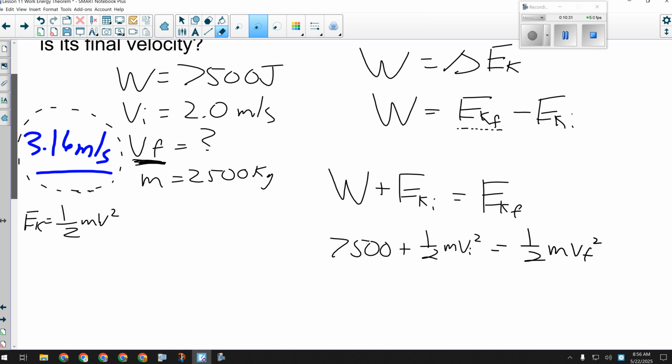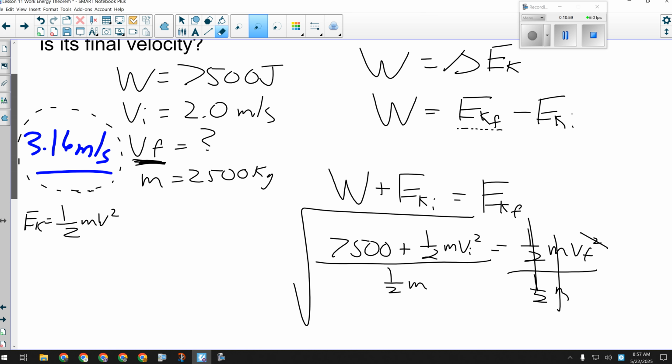Now that I've got this, I need to isolate VF. How do I get VF by itself? Divide the 1/2 and m over to the other side because they're being multiplied. That solves for VF squared. I just want VF. What do I have to do? Square root.